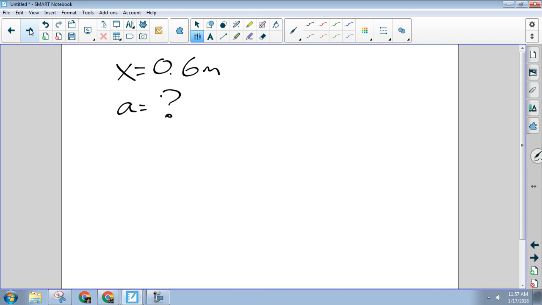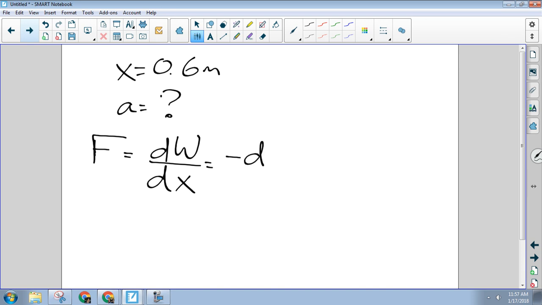So both acceleration and work, or acceleration and energy, are related to force. So we need to find a way to come up with that force. We know that the force exerted is equal to the derivative of the work done by that force with respect to x. That's the same as negative dU/dx.